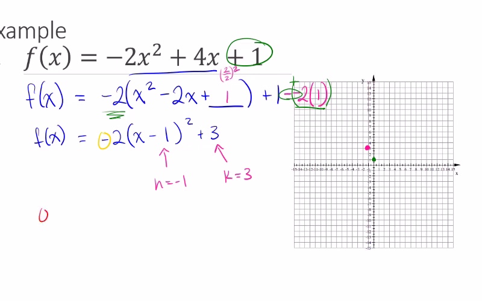So that kind of is consistent with our downward facing idea. And so let's find our x-intercept. We'll set f of x equal to 0, and we'll solve for x. So we're going to subtract 3 from both sides.